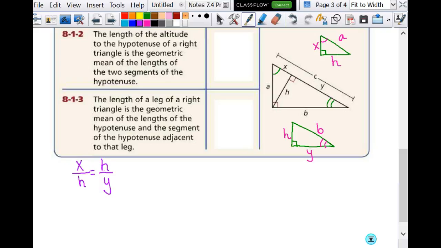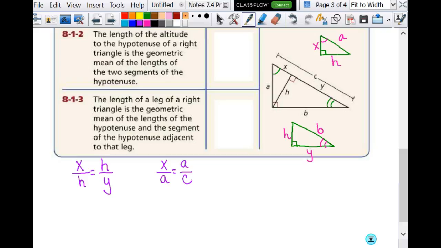Now I want to look at x in the smallest one and what it corresponds to in the biggest one. So x corresponds to a, so I can do x over a. Then I'm going to look at a in the smallest one. That's the hypotenuse. It corresponds with the hypotenuse of the biggest one, which is c. A over c.